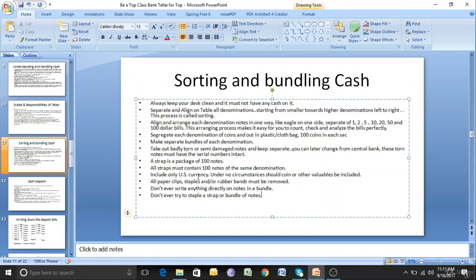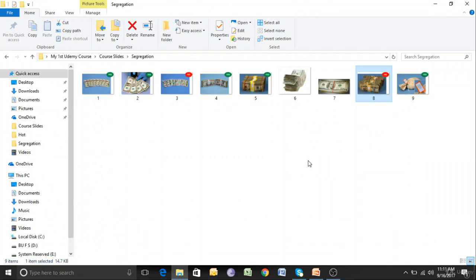When it comes to coins, you put the coins in a sack, and for the coins also, you segregate each denomination separately, like nickel separately, dime separately, 1 cent separately.